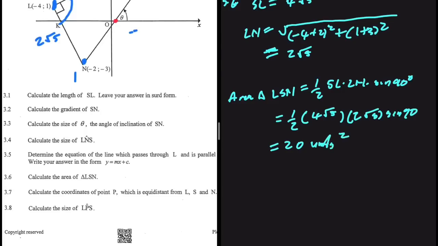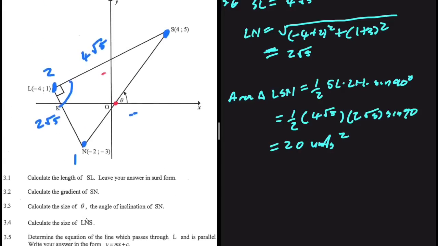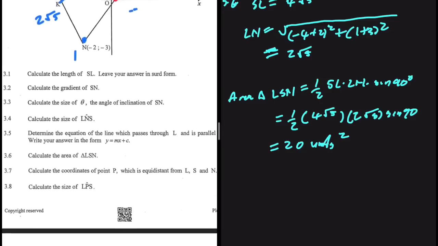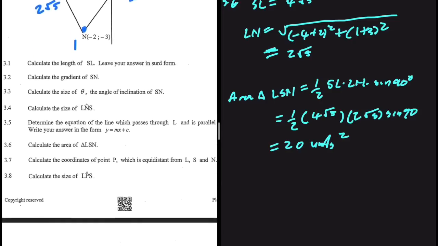Some people will say 20 square units, which should also be fine. So that is the area of LSN. You could have used a different method, maybe using LN and LS, and you should get the correct answer either way.